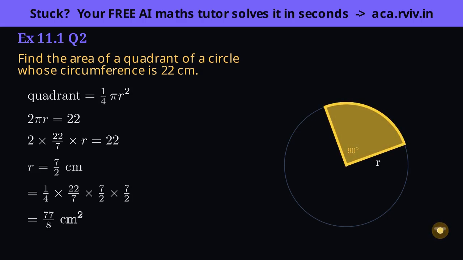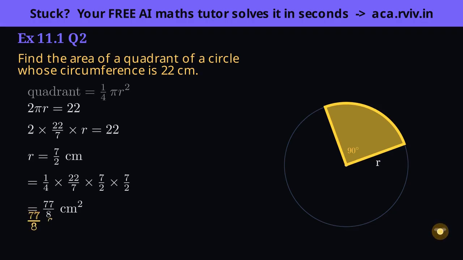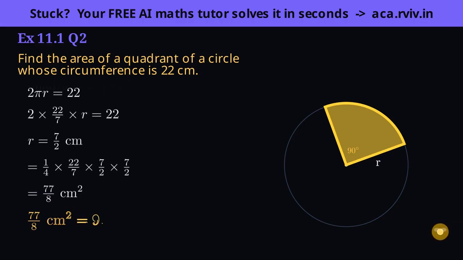Clean enough to leave as a fraction or a decimal. The general lesson: whenever a problem gives you the circumference or a perimeter instead of the radius, extract the radius first. Nothing else can start until you have it, because r sits inside every single area formula.